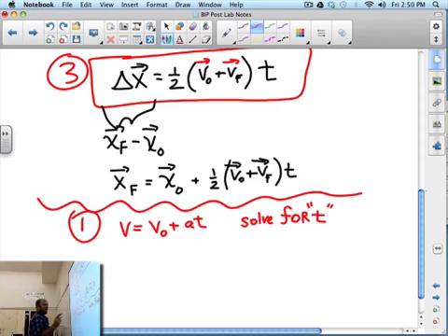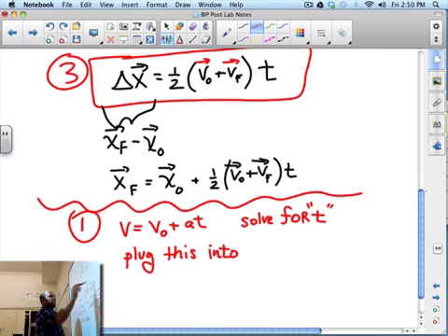Okay, then plug this into which equation? Well, we want equation 4 to not have t in it. It's nice not having to know the time. So we can actually make an equation that doesn't have t in it.